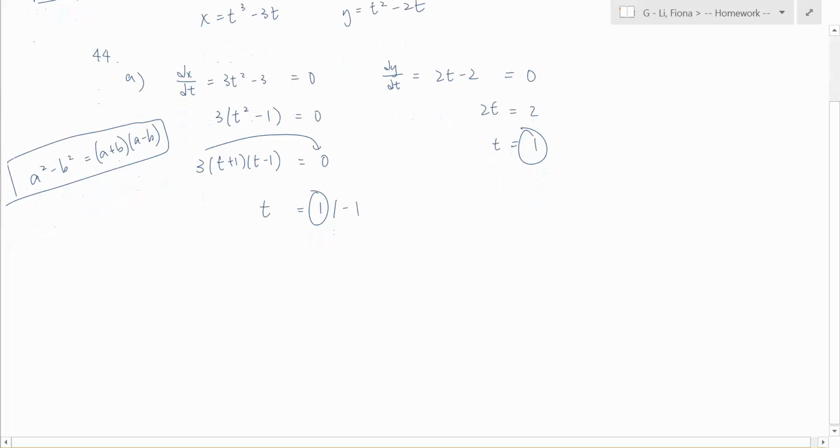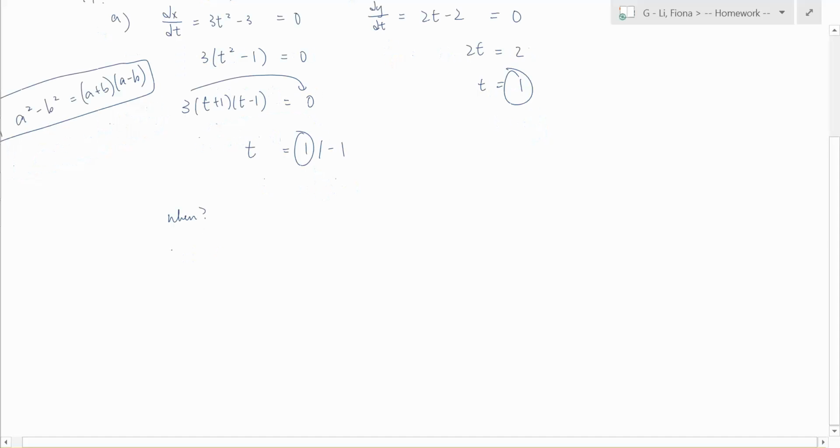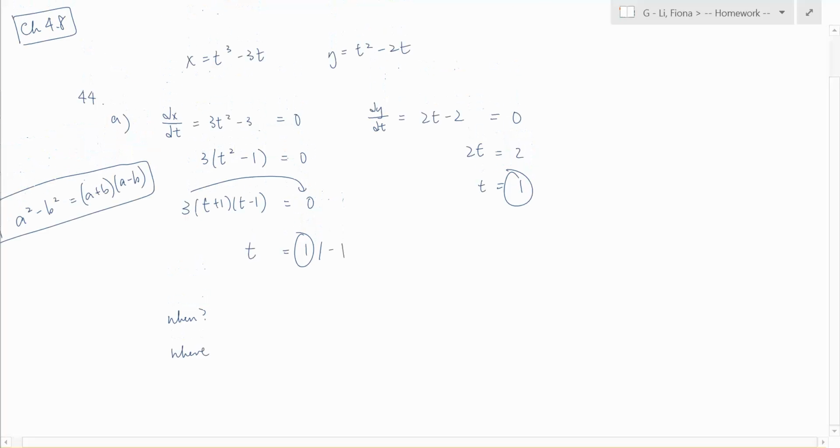And so since we have answered the question when, let's answer where. Well, we have the particle coming to a stop, and in order to do that, we have to plug in our t value.